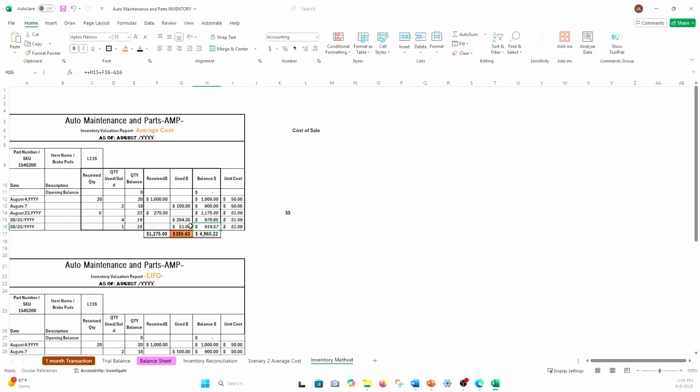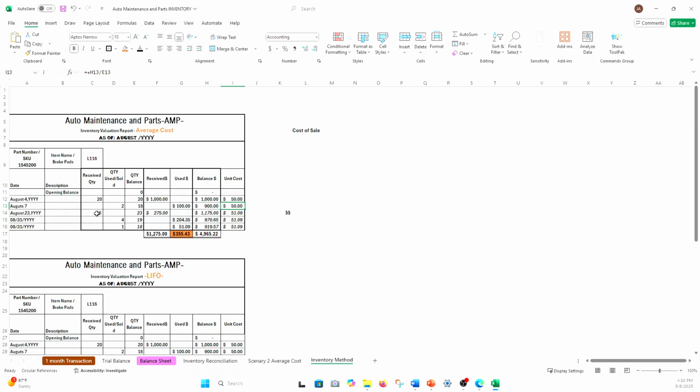You have to divide by the total units and you can get the average cost. So we buy here for $1,000, we buy 20 units, so the average cost is 50. We sold two here, which is $100, but the average cost is still the same.